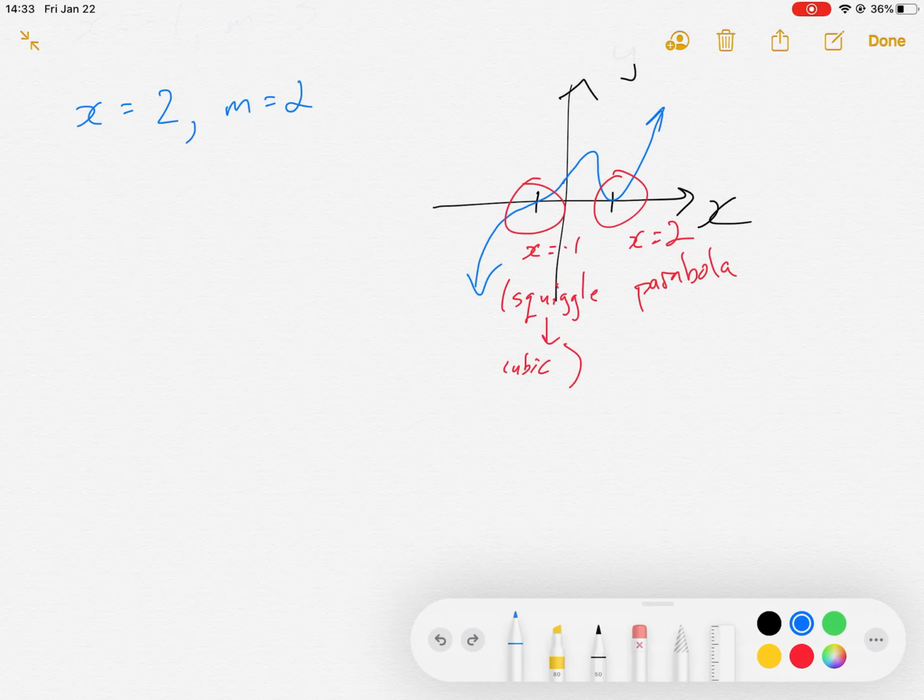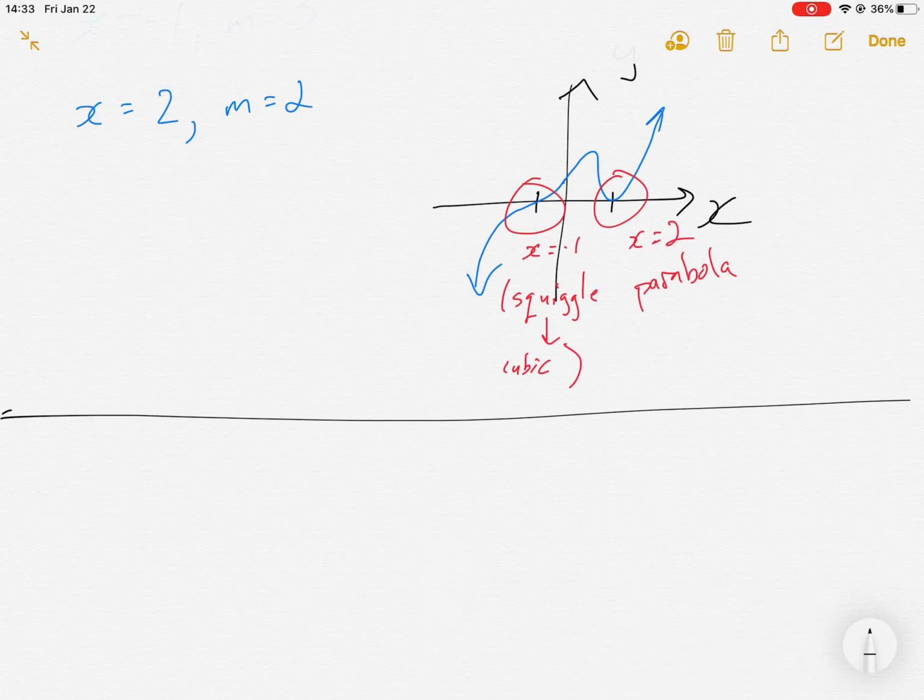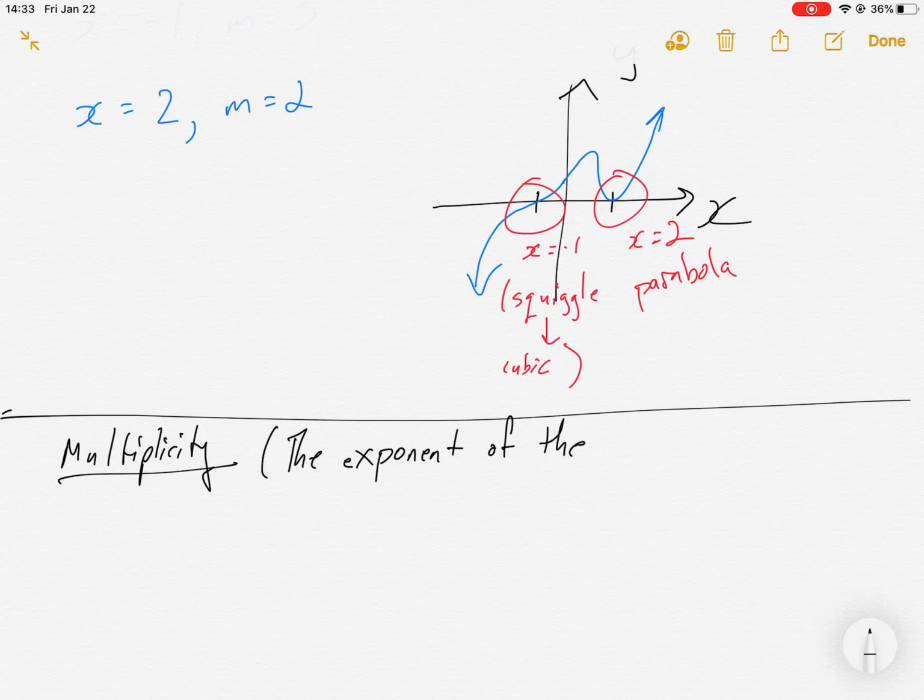So let me go ahead and just kind of write this again. So for multiplicity, this is the exponent of the zero. If it's odd, the graph passes through the point.